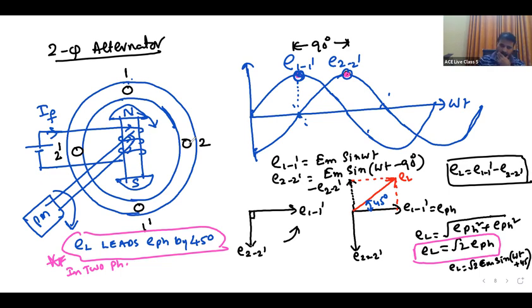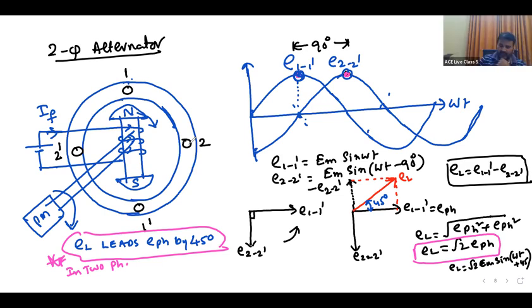Okay, sir. Fine. Sir, one more doubt. In the phasor diagram you have drawn, you have considered the phasor directions as anti-clockwise. Why have we not taken it as clockwise? When do we have to take clockwise?